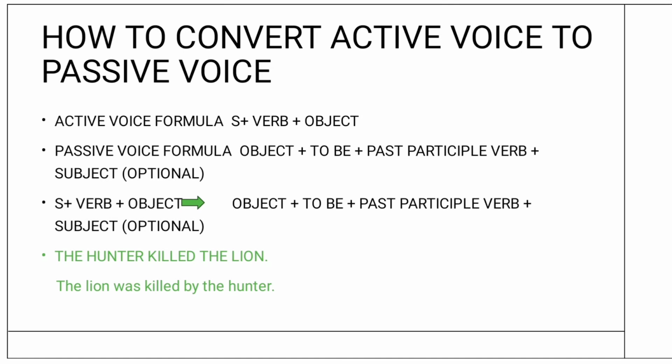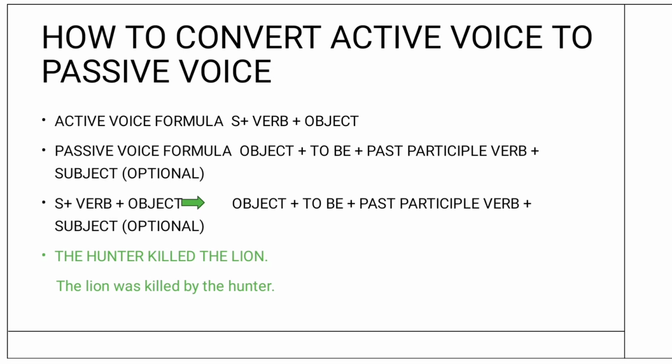In passive voice, the subject is optional, you can use it or not, because it totally depends on the object which comes into the first place and the action. That's it.